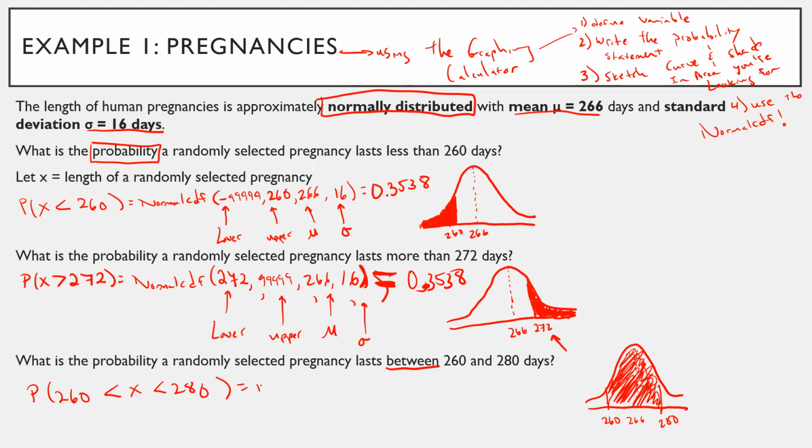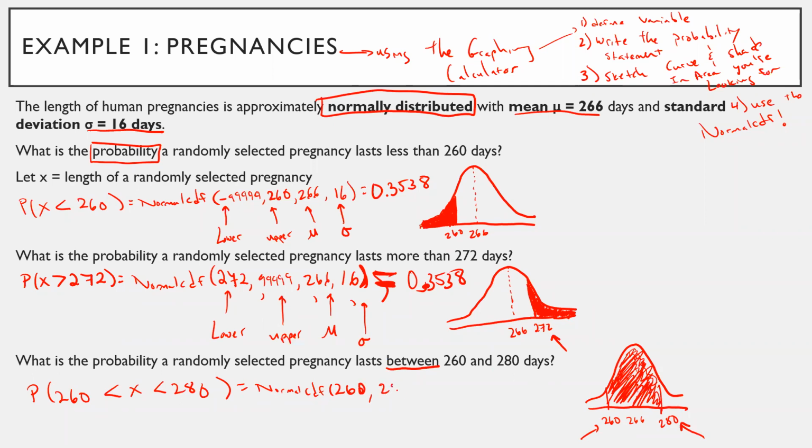Okay, so again, normal CDF. What's my lower here? 260. Yep, because it starts at 260. And then what's my upper? 280.